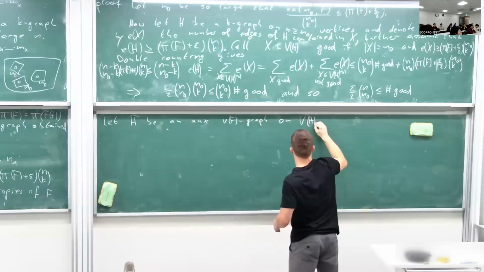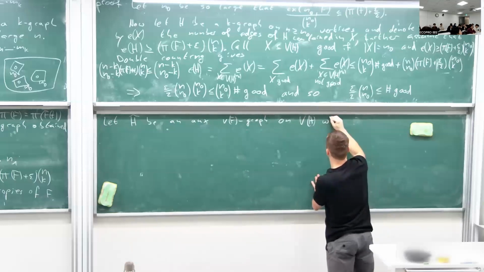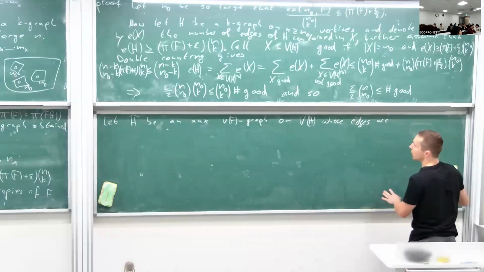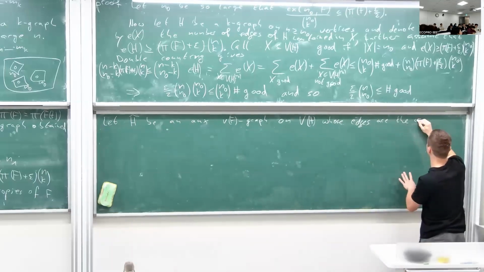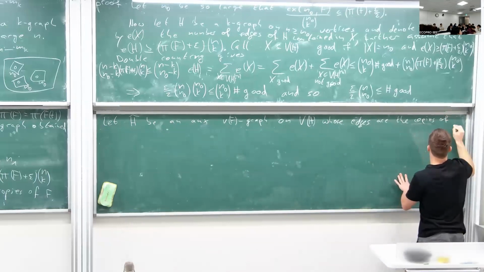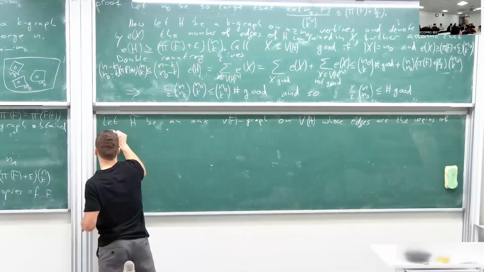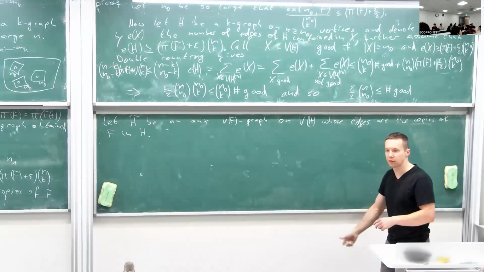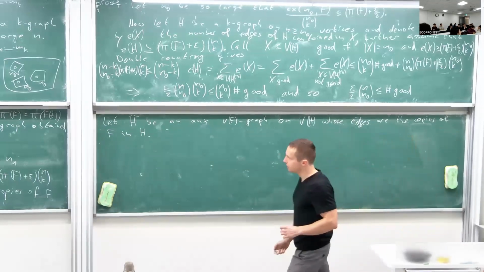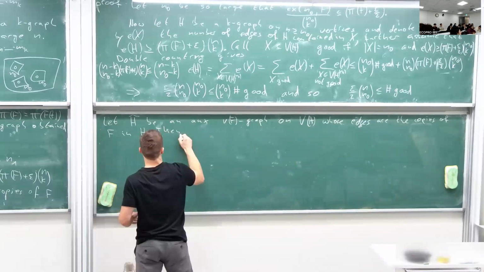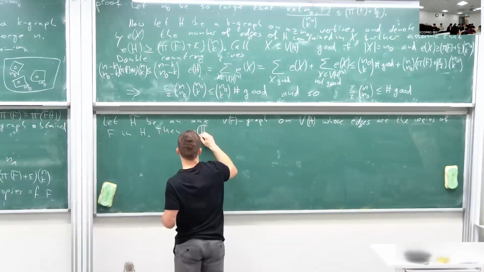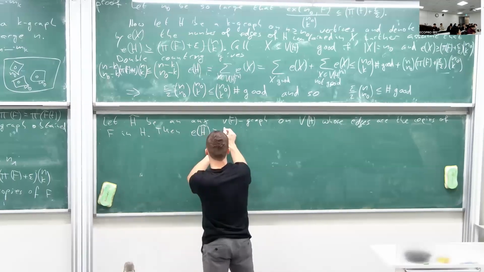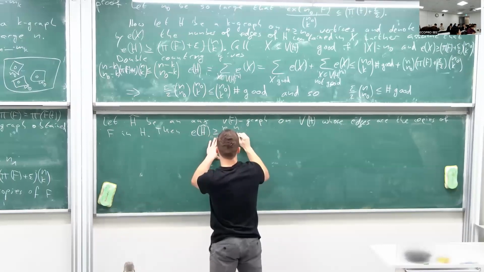On the same vertex set as H, whose edges are the copies of F. Okay, so more formally, the vertex sets of the copies of F. So then the number of edges of this H tilde is greater or equal to this C times n choose v(F).